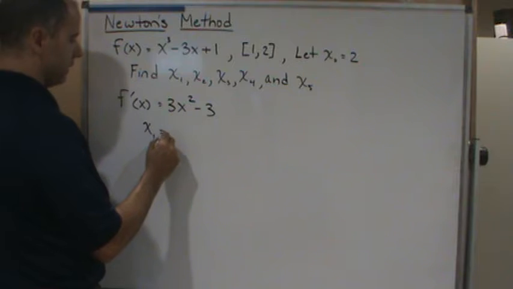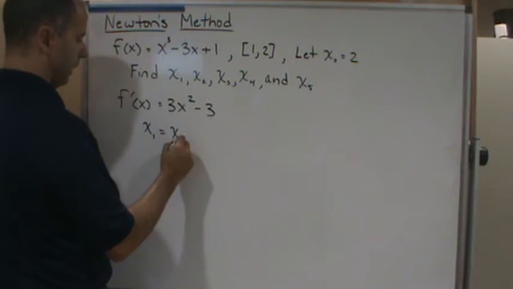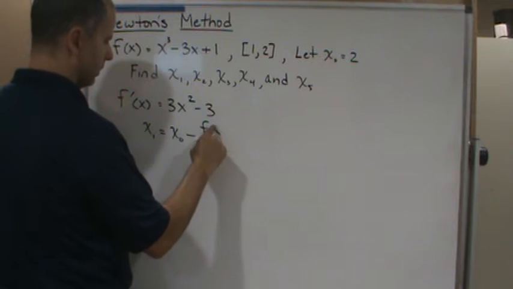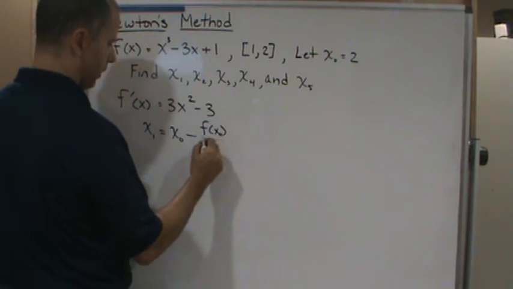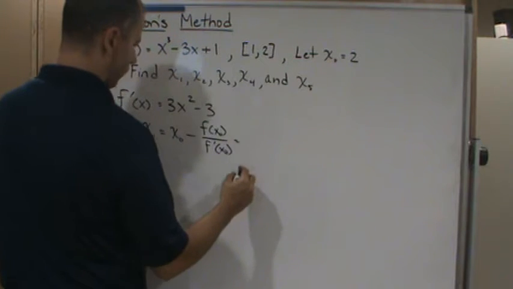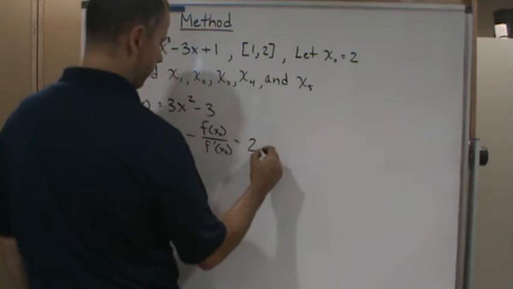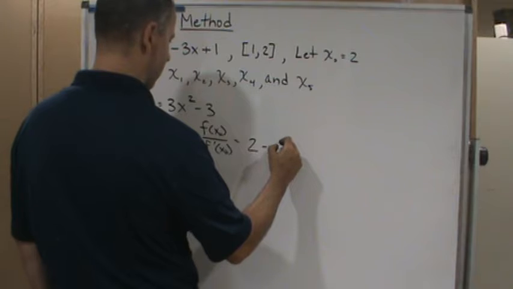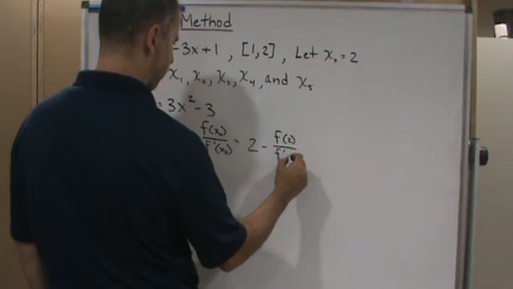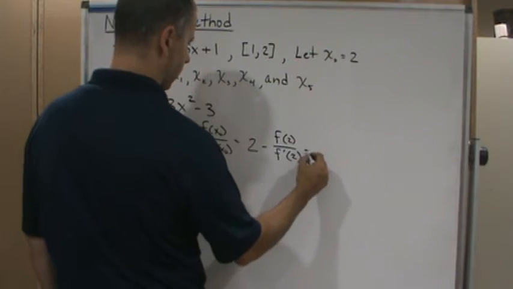So x1 is equal to x0 minus f of x0 over f prime of x0. So that's going to be 2 minus f of 2 divided by f prime of 2.